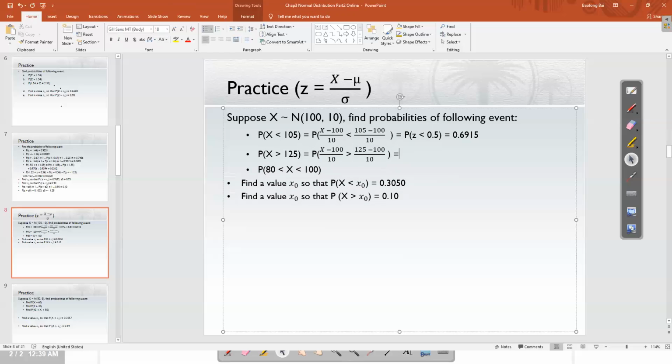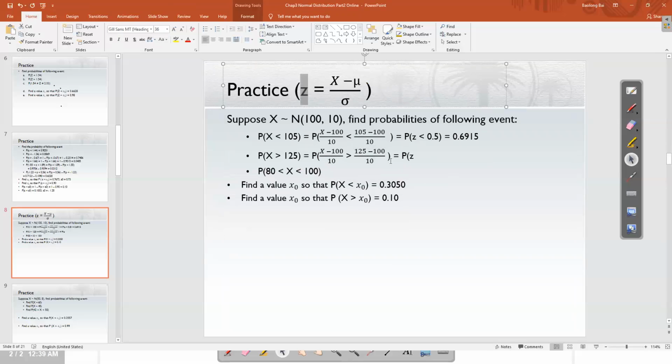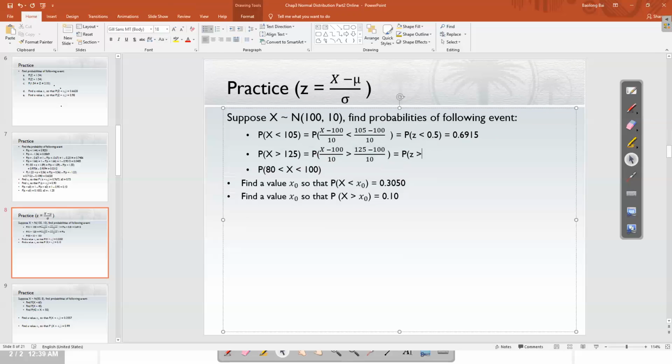So then you calculate. On the left, x minus mu divided by sigma, that's the definition of z. On the right-hand side, we calculate the z-score. 125 minus 100 is 25, and divided by 10 is 2.5.